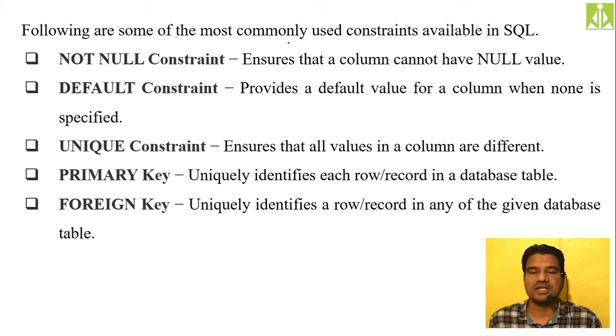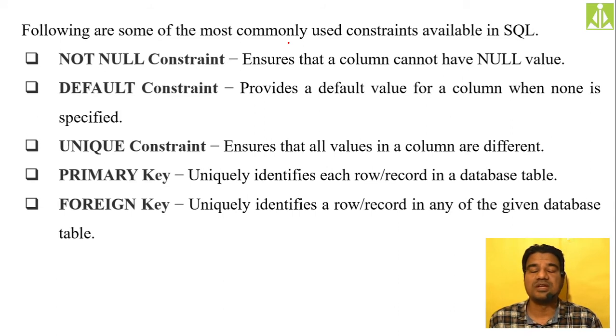Or age, let us assume, if you're not entering the age, by default you can assign some age value. Automatically it will assign the default value, whatever you specify at the time of creation of this default constraint.